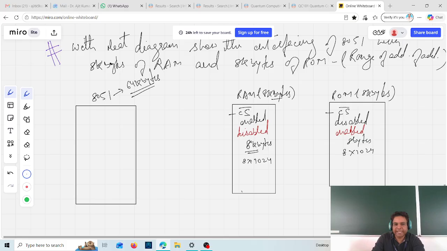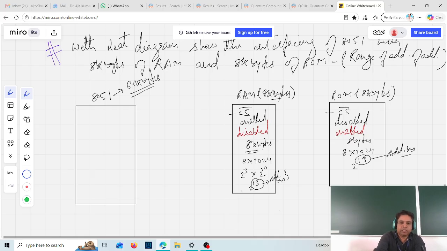So 8 is written as 2 power 3, and 1024 is 2 power 10, so you get 2 power 13. Now this 13 is your address bus size. Similarly, here also you will get 2 power 13, so here also you get 13 as the address bus size.